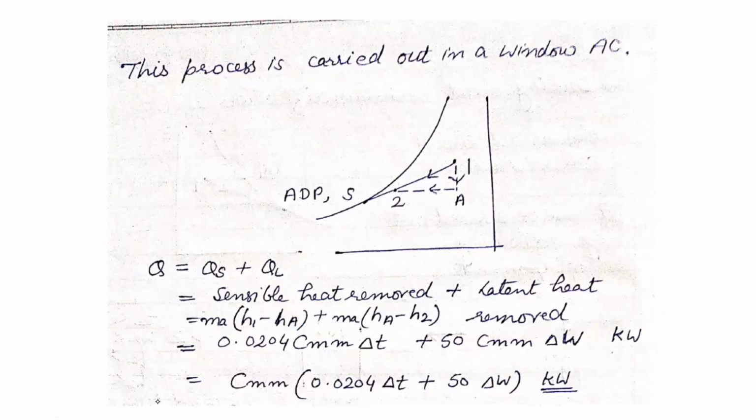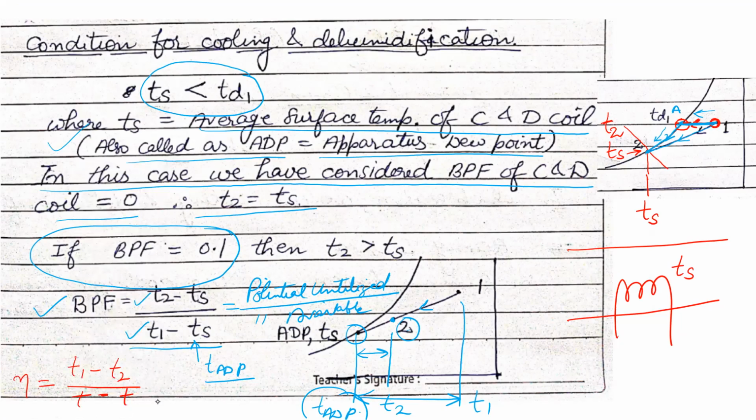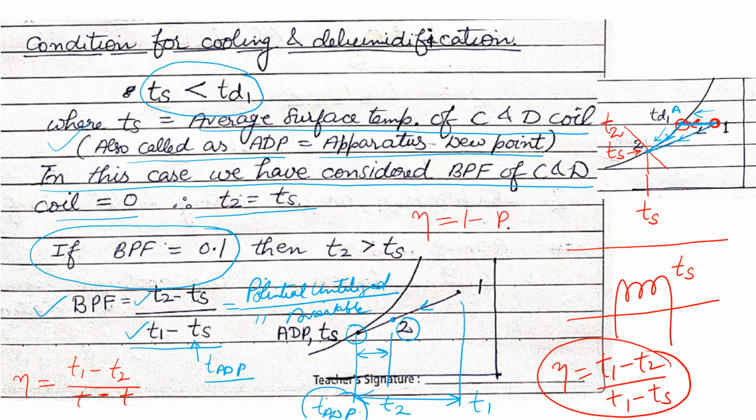I will write it here. Efficiency is given by T1 minus T2 divided by T1 minus Ts. And if you see, this value of the efficiency is always equal to 1 minus bypass factor. You can try and you will find that the bypass factor and efficiency are related by this particular equation.